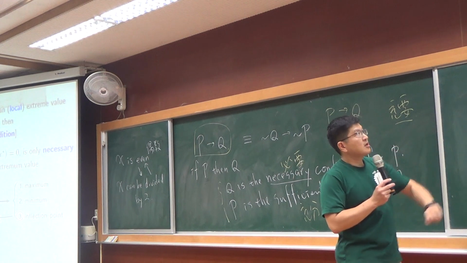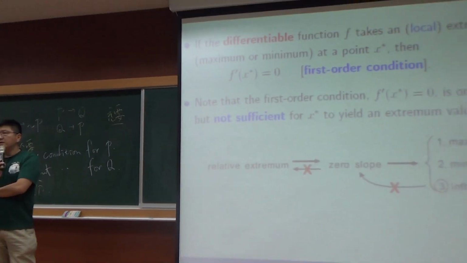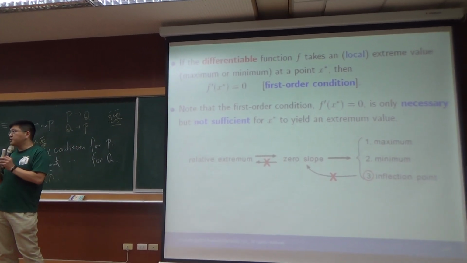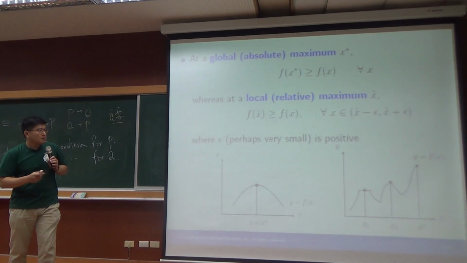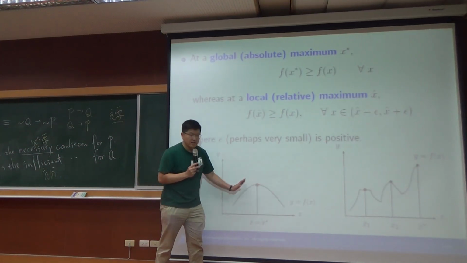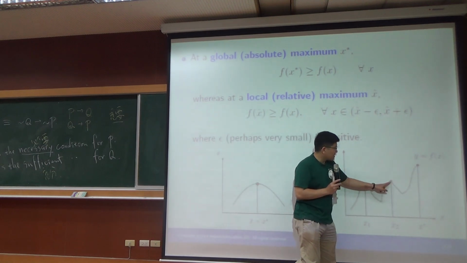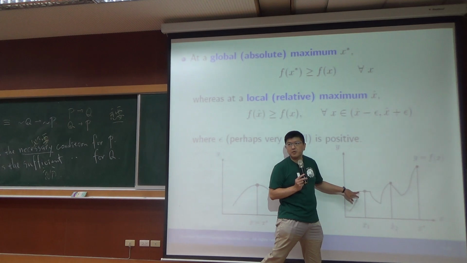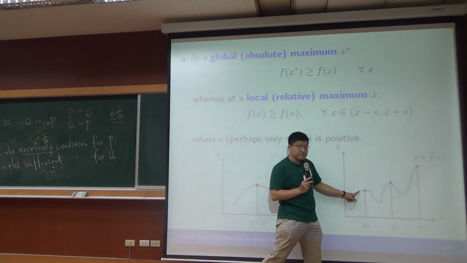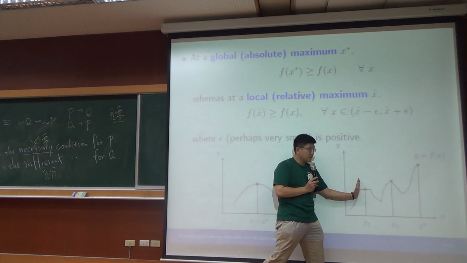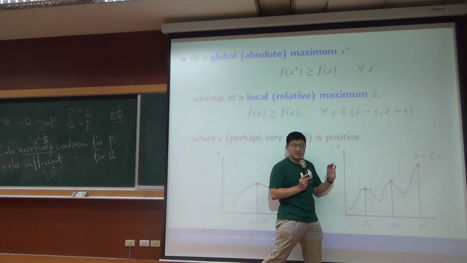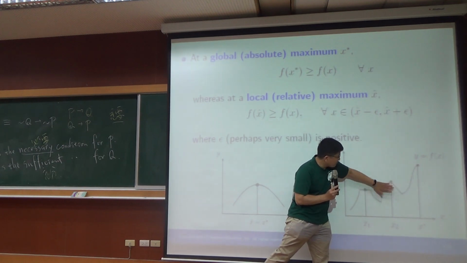Now, last week we talked about x star being a local extreme. We're talking about when the function f is differentiable, which means the function looks like this. Not like this, not like this, because at this point it is not differentiable, okay? It's not differentiable because the slope is discontinuous, and you feel a kink.